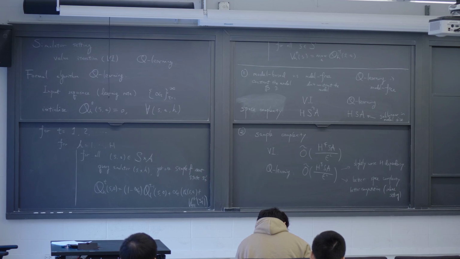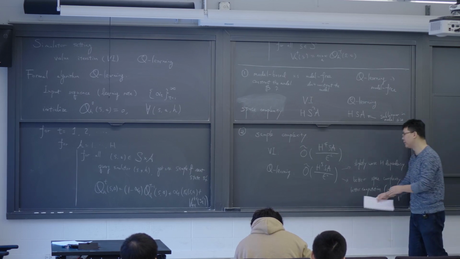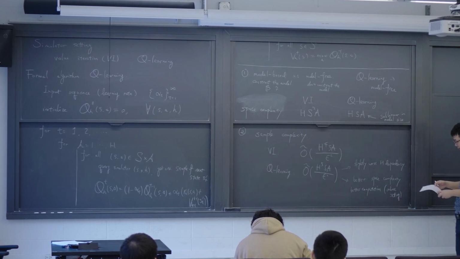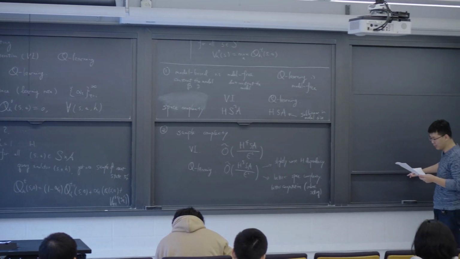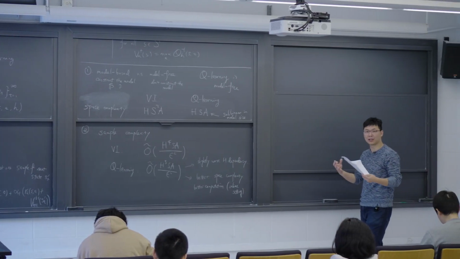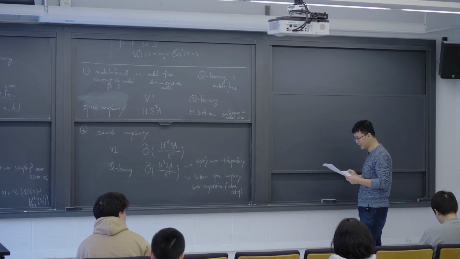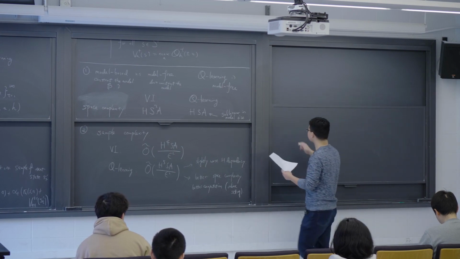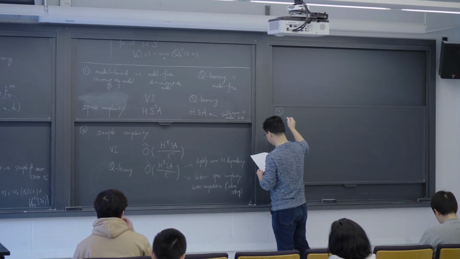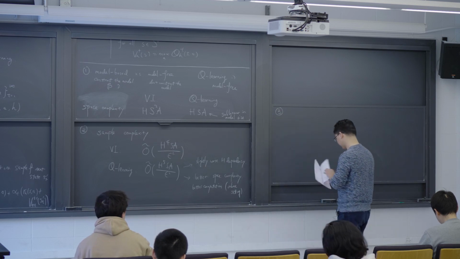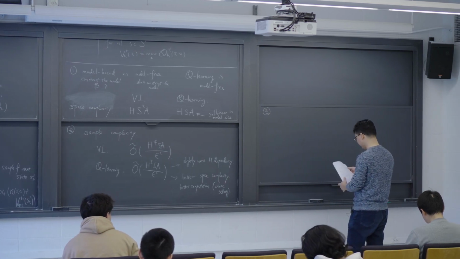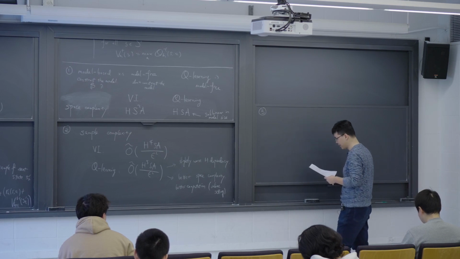I will not formally go through all the proof of why Q-learning can also achieve this sample complexity. We will just point out some key steps to let you know how this happens.